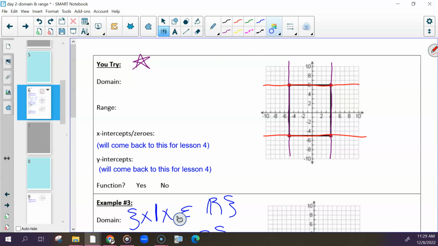Because it's not going to go past those. So what would our domain be? So look at furthest point to the left, furthest point to the right. Tell me how we would write that.